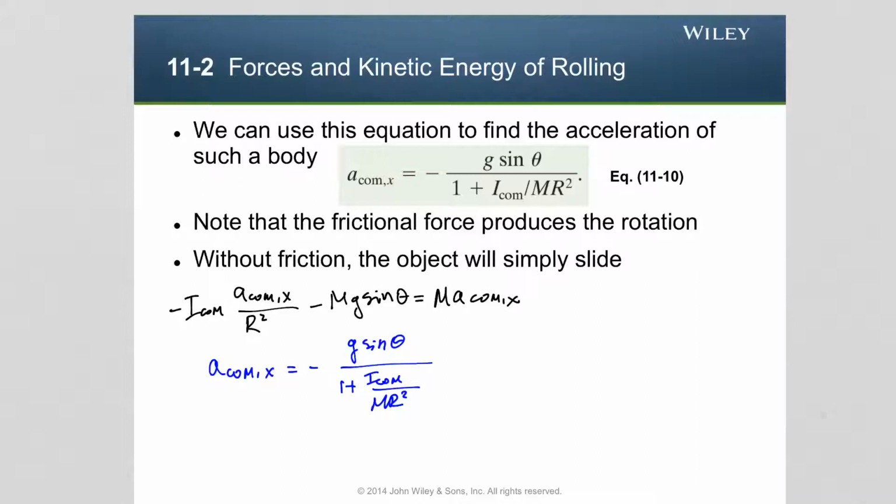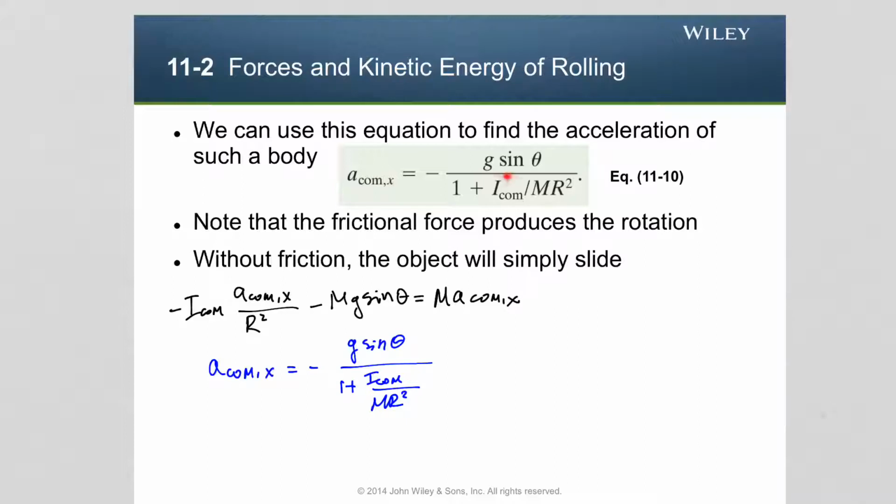Notice that I left the term for the moment of inertia of the center of mass without writing down its expression for the sphere, because this formula for the acceleration of the center of mass is applicable for any rolling object. For any rolling object, I can use this formula to calculate the acceleration of the center of mass down the incline.